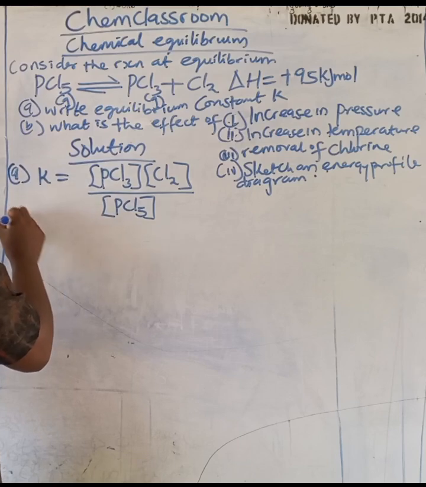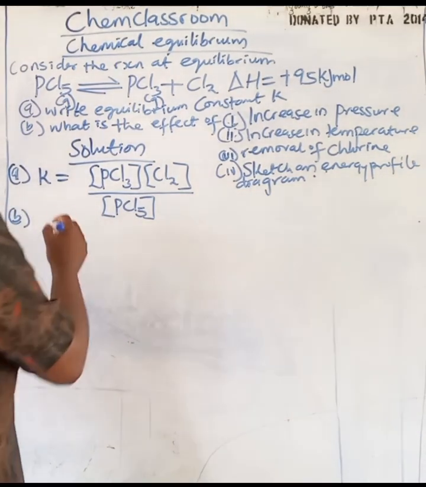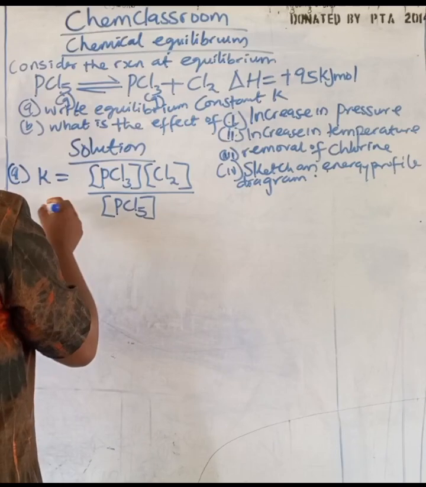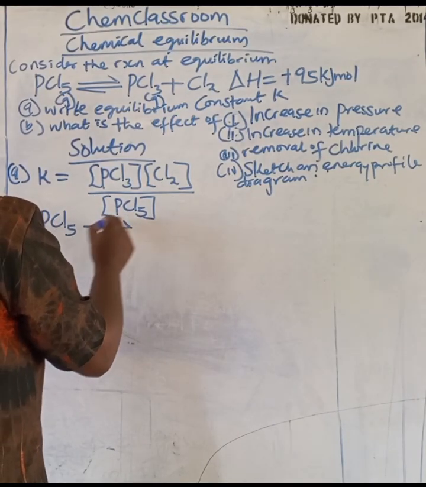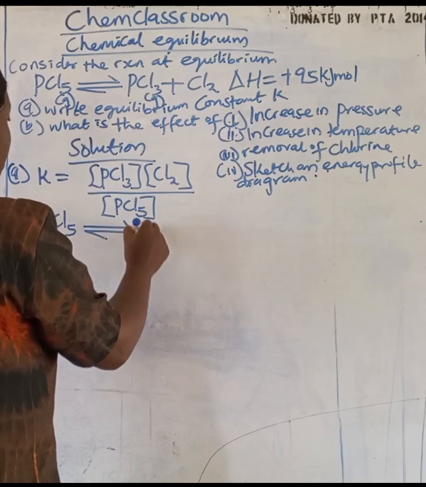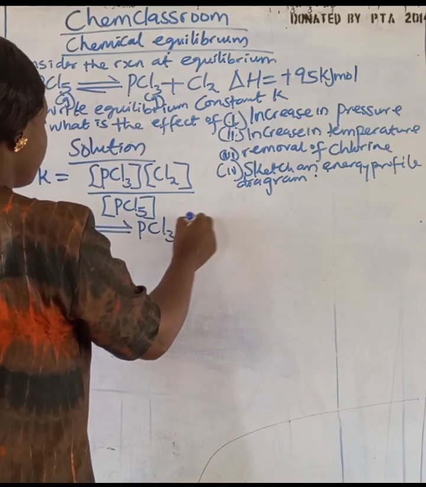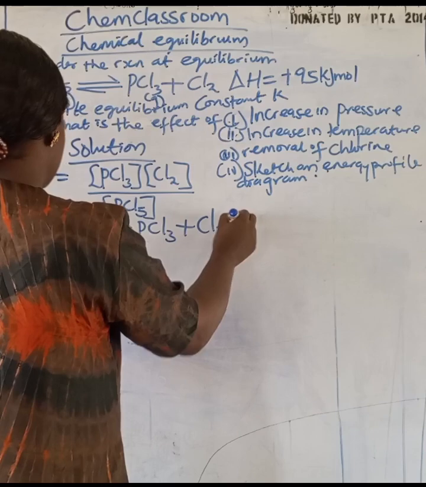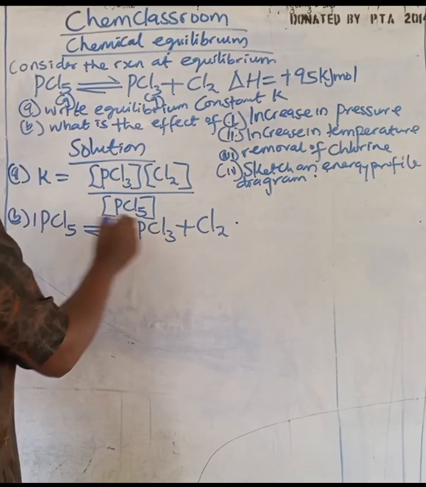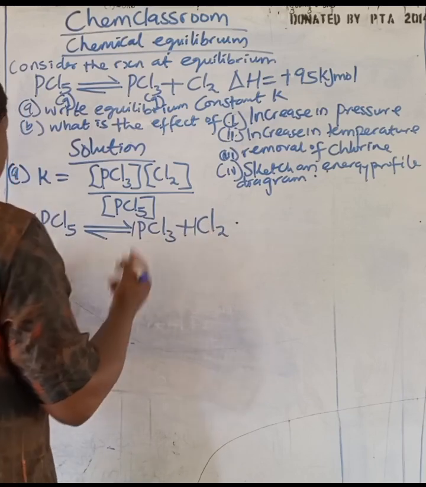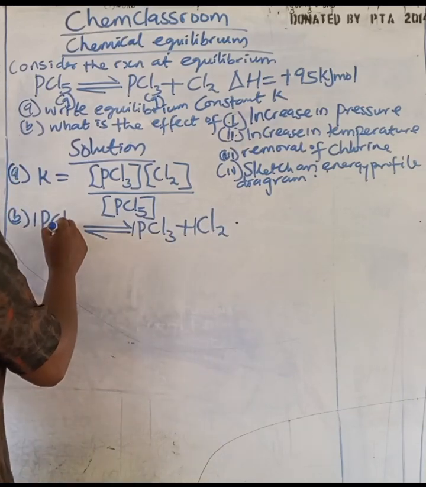So the second one says increase in pressure. What's going to happen with increase in pressure? I will have to rewrite the equation for us to be more specific. So here, I have 1, 1, 1 as coefficients. So for the reactant side, I have 1.